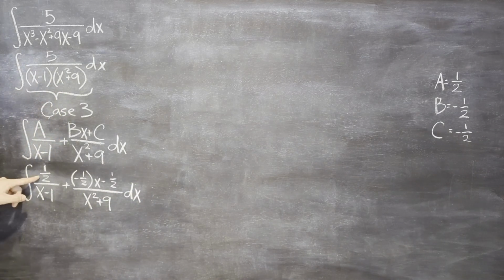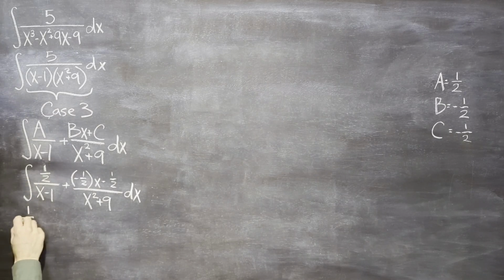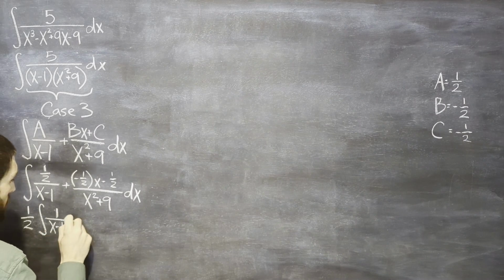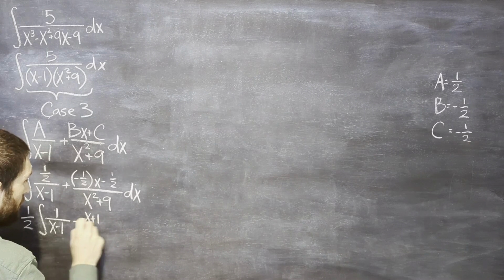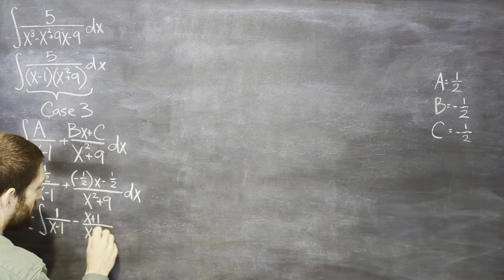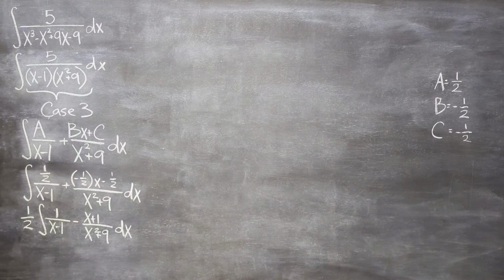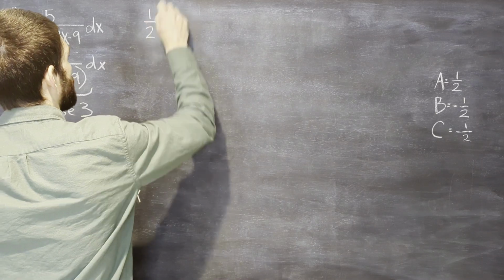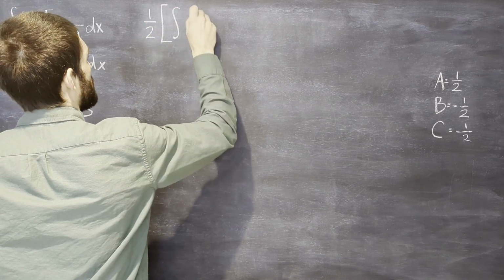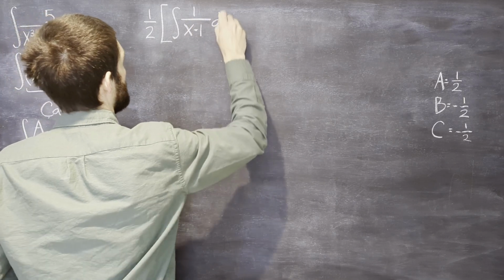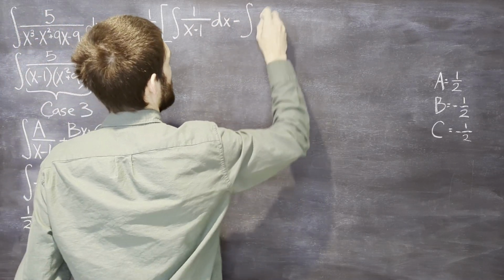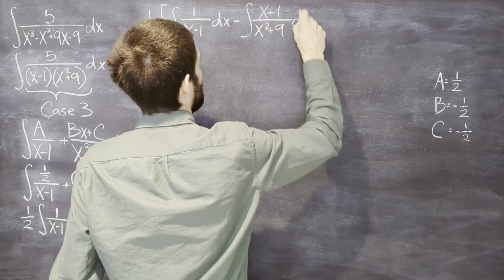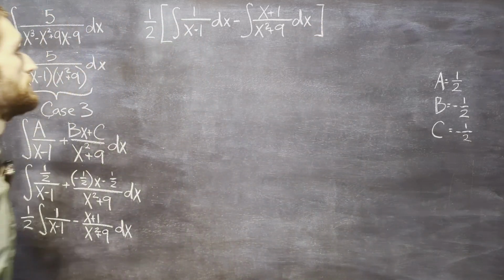We can factor out a 1/2 and simplify this, giving us 1/2 times the integral of 1 divided by x minus 1 minus x plus 1 divided by x squared plus 9 dx. We can rewrite this as a sum of integrals, giving us 1/2, open brackets, the integral of 1 divided by x minus 1 dx minus the integral of x plus 1 divided by x squared plus 9 dx, close brackets.